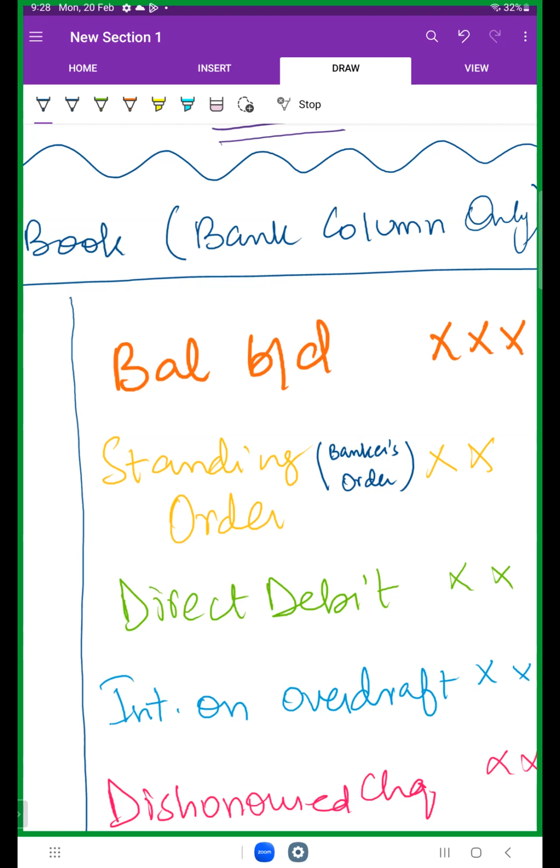The difference between standing order and direct debit is that a standing order is always for a fixed date, fixed amount, and fixed account, while in direct debit you can have any date, any amount, and any person. Okay. Yes, okay.